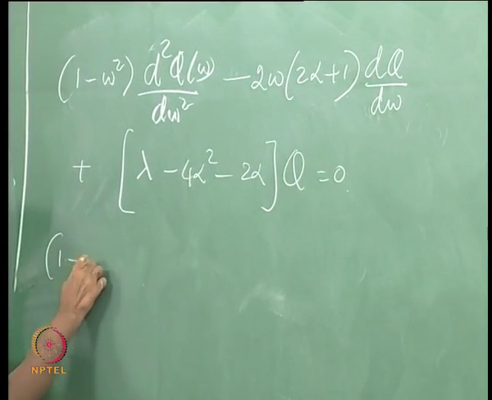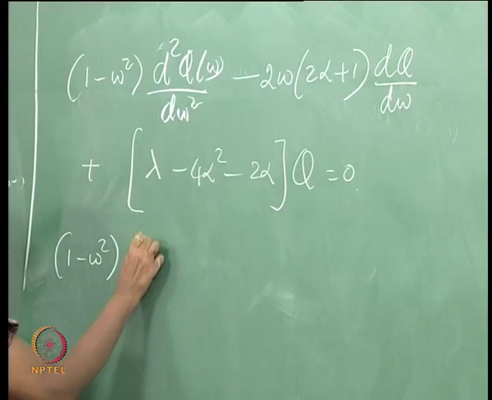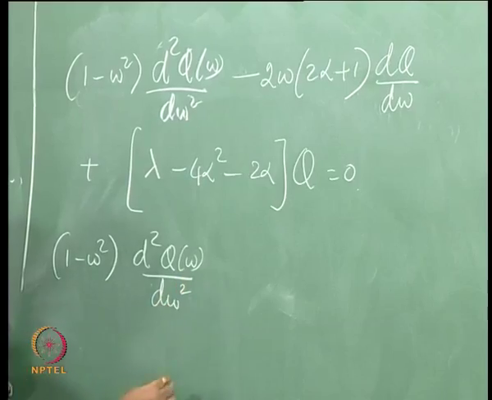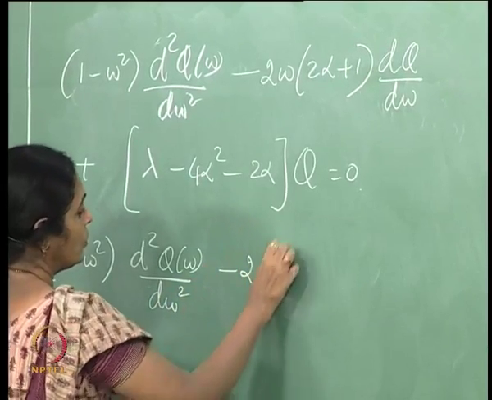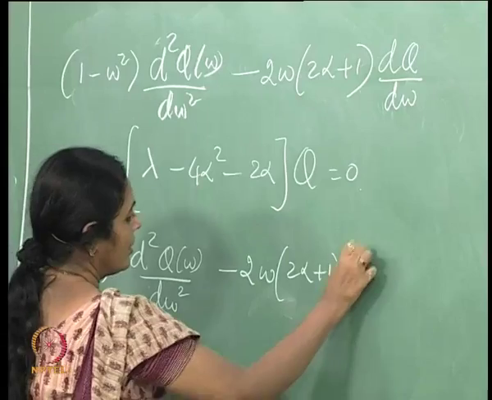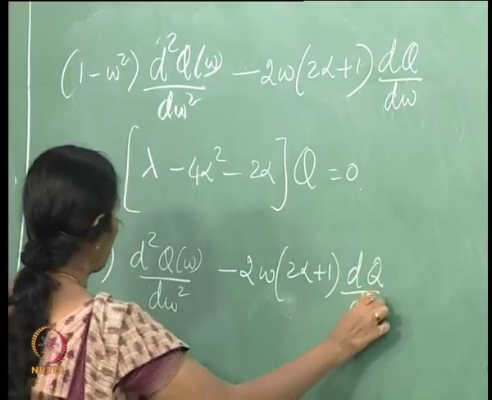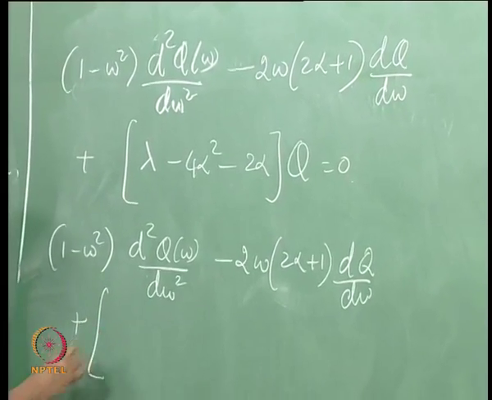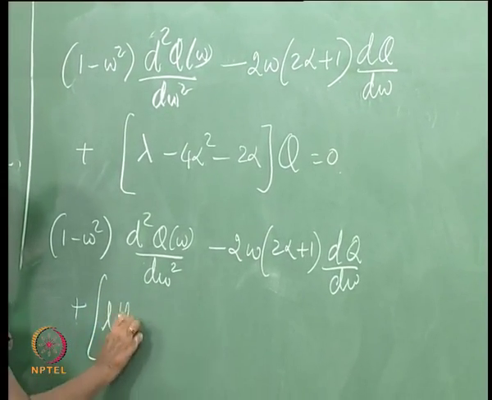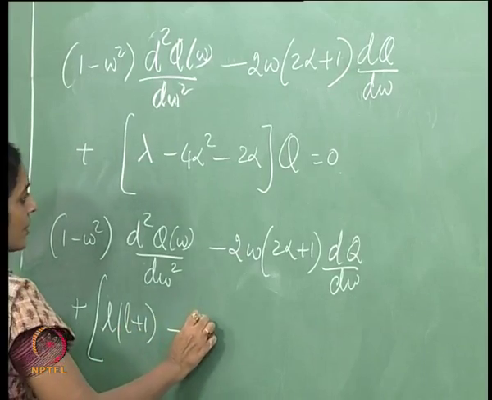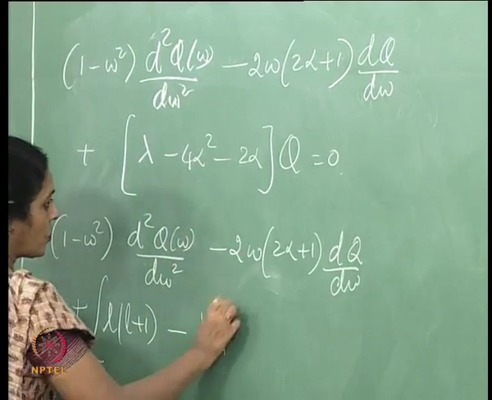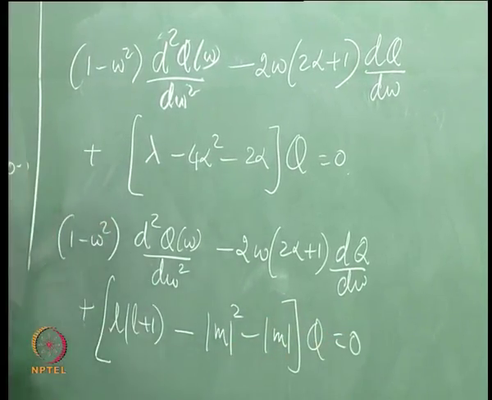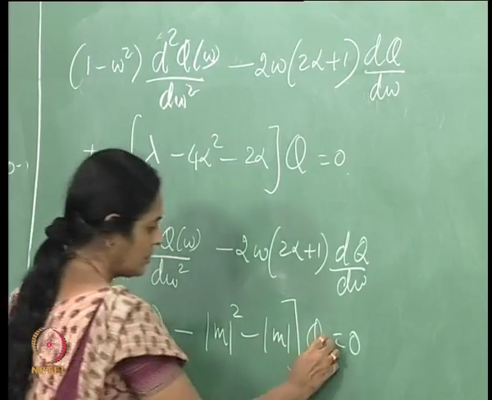So in terms of m, which is what I will write now, I have d2q of w by dw squared minus 2w 2 alpha plus 1 dq by dw plus lambda is L times L plus 1 minus 4 alpha squared is mod m squared, 2 alpha is mod m, q is equal to 0, q of w.